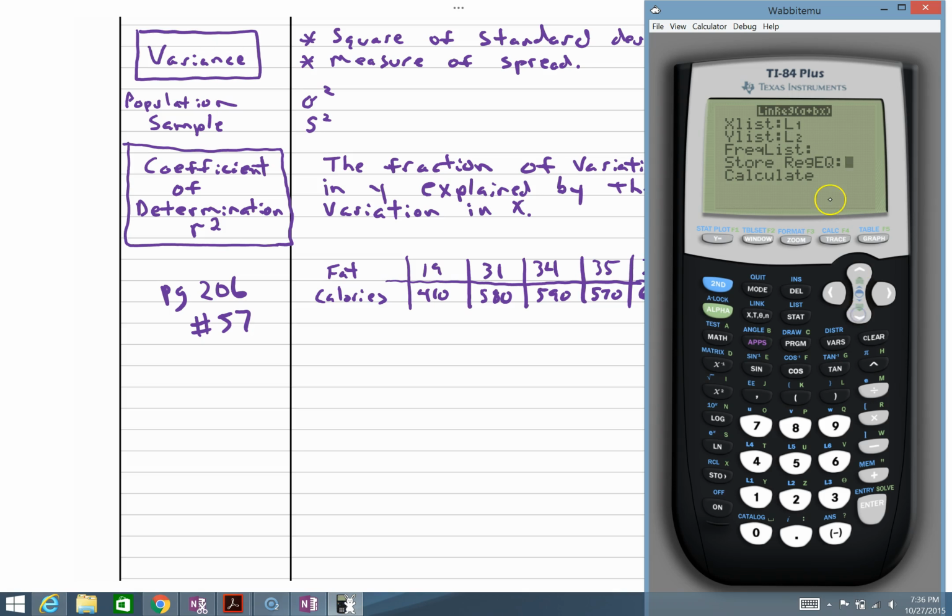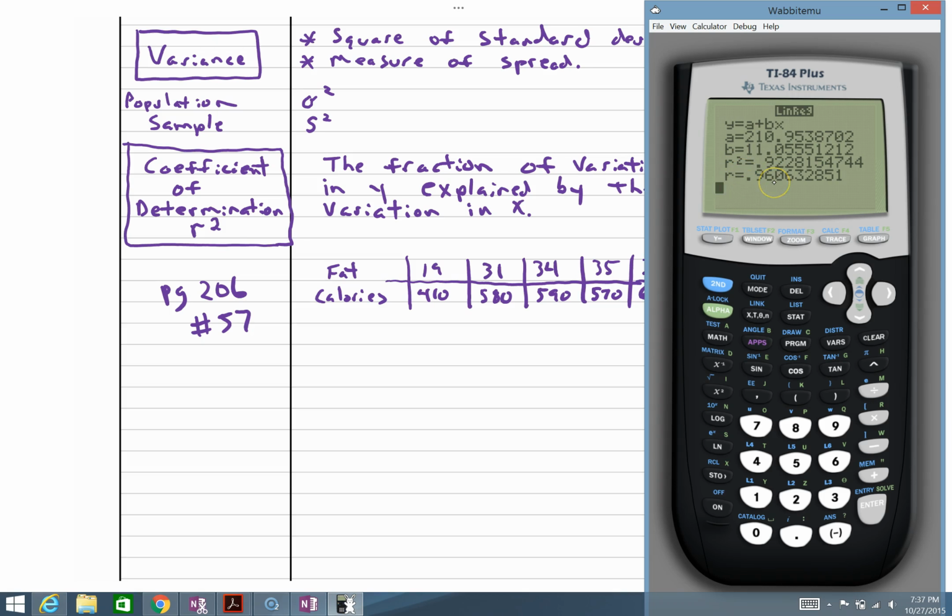And we want it to store our regression equation. Vars, Y vars, function number 1, and then Y1. Okay, then we go calculate. If you have not turned on your diagnostic, you need to, so we can see R and R squared here. Well, I want to look at those two values.